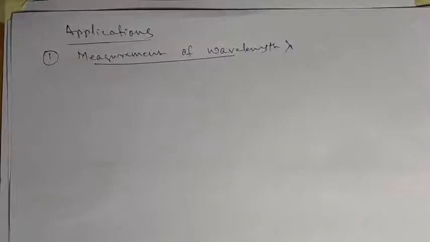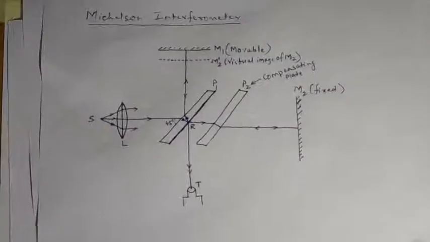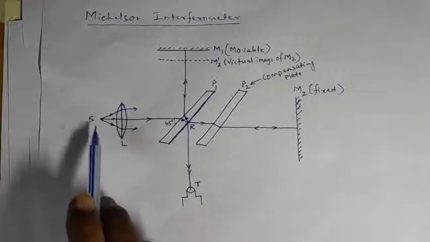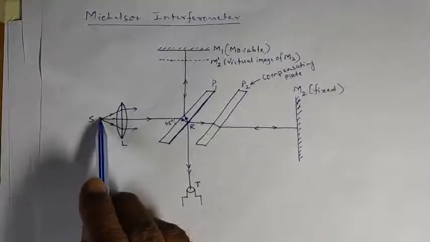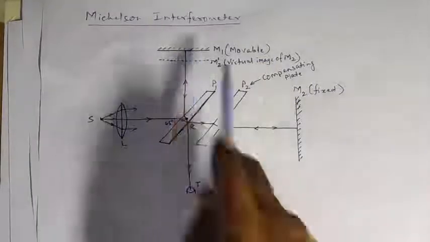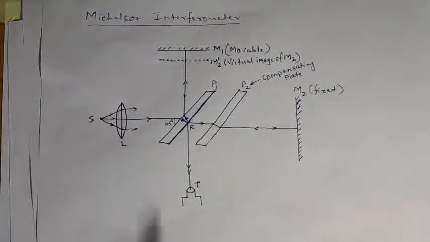I have told you the figure. The monochromatic source whose wavelength is to be determined is kept at the point S. When the mirrors M1 and M2 are exactly perpendicular, circular fringes are obtained.